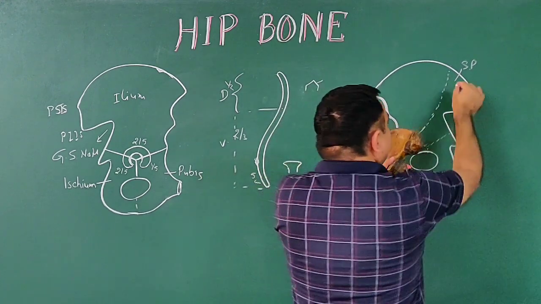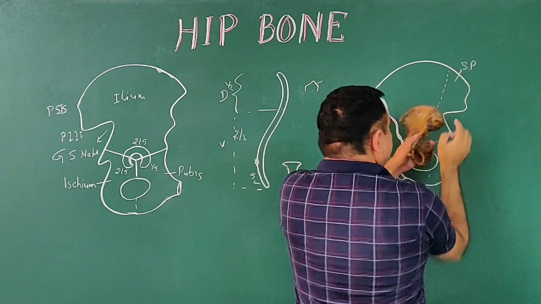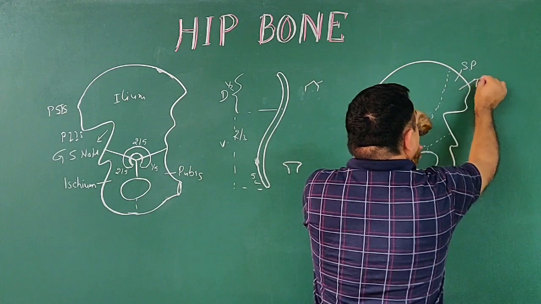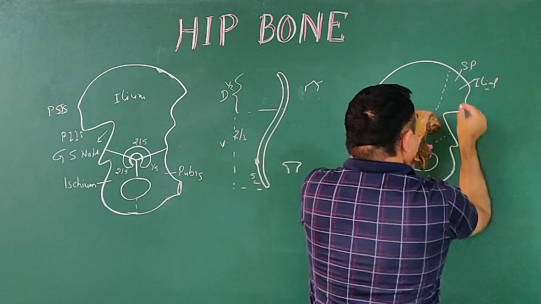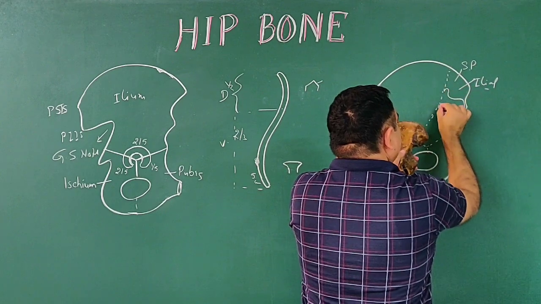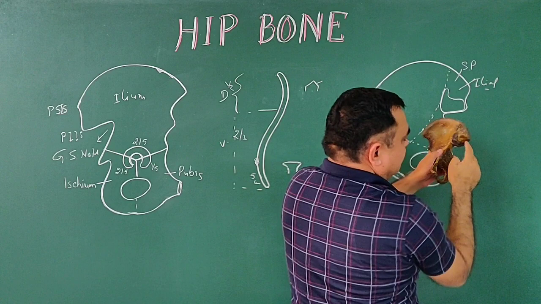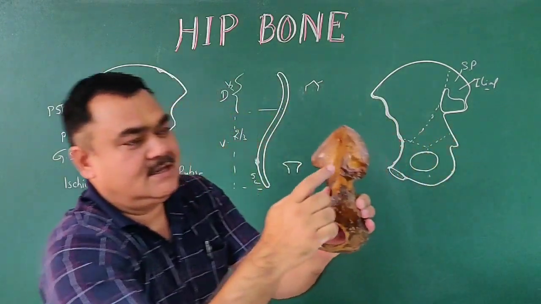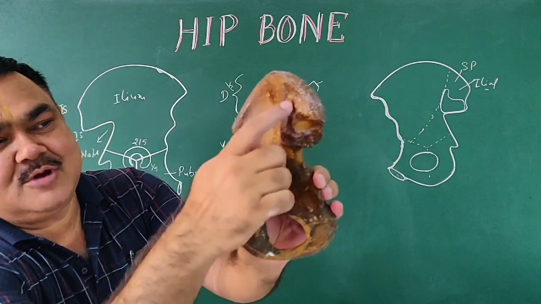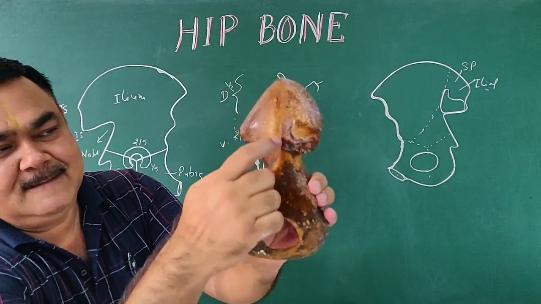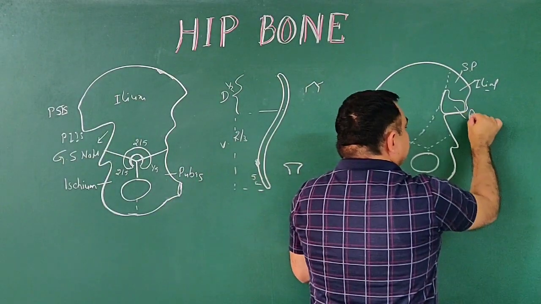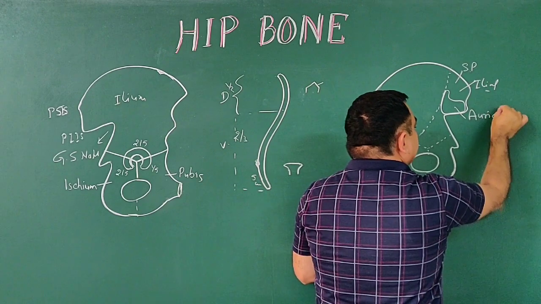It is again divided: here you can see this part is the iliac tuberosity, and this lower part is the auricular surface.